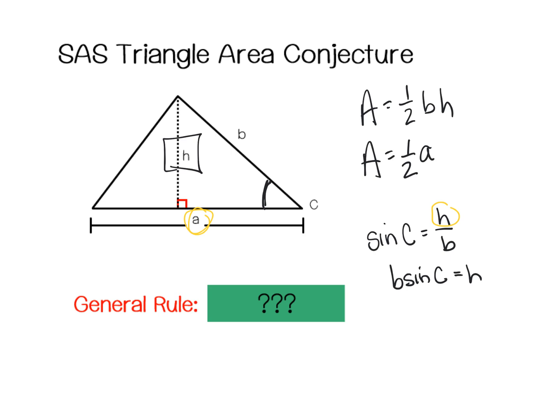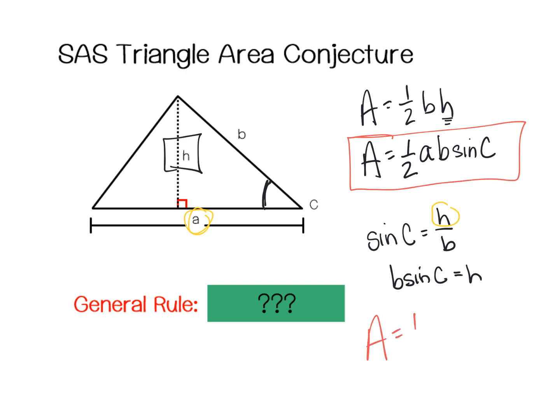So when I plug that back into my original formula, instead of h, I'm going to write b times the sine of C. This is actually your formula. Area is equal to 1/2 ab sine of C. So it just means 1/2 times the two sides times the sine of the included angle.